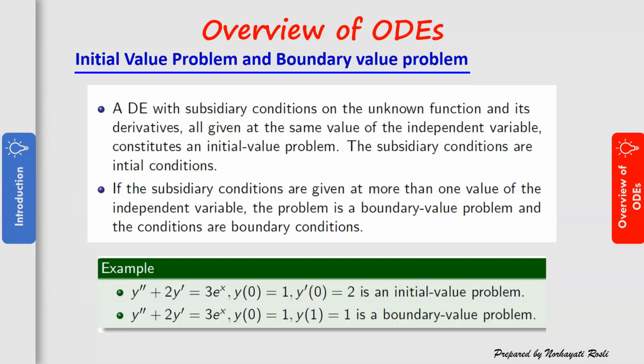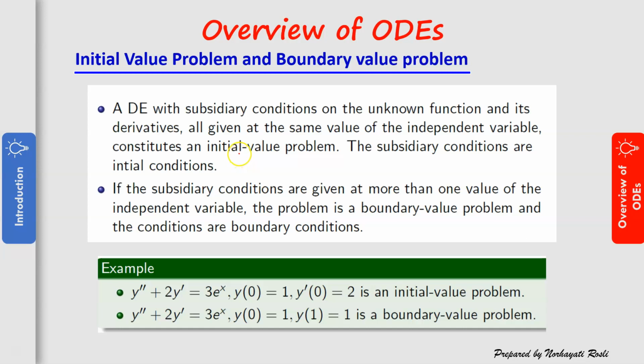Now class, we go to initial value problem and boundary value problem. A differential equation with subsidiary conditions on the unknown function and its derivatives, all given at the same value of the independent variable, we call an initial value problem.